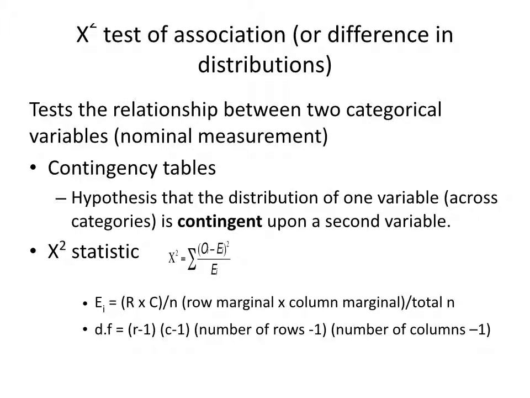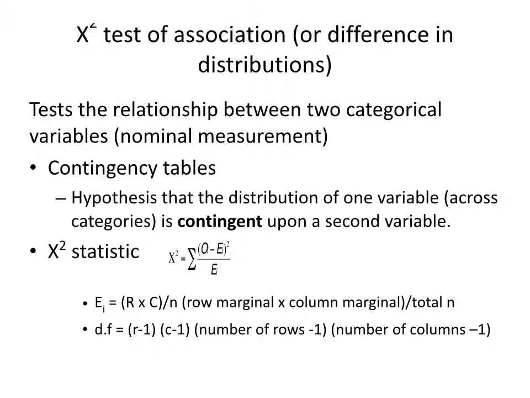We've seen this before. Chi-square is calculated as the sum of the observed frequency minus the expected frequency, that quantity squared, divided by the expected frequency for that cell. Now the difference here in a bivariate is you've got not only two or more columns, but you've got two or more rows.